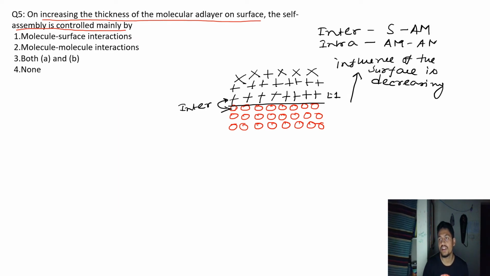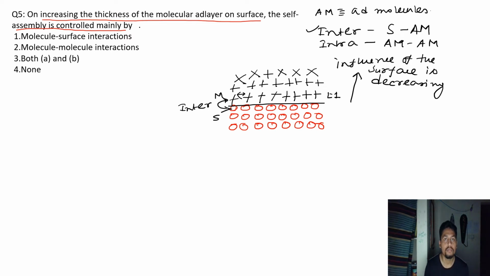So both interactions are there, and whenever we go to above and above layers from the surface, the influence of the surface is decreasing. On increasing the thickness, basically there will be no interaction from the surface.